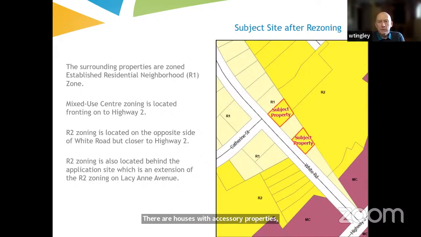They can't be sold separately, but they almost look like a duplex, and it really hasn't changed the look of the street. I'm kind of leaning towards going with staff's recommendation here, but it's a tough one.